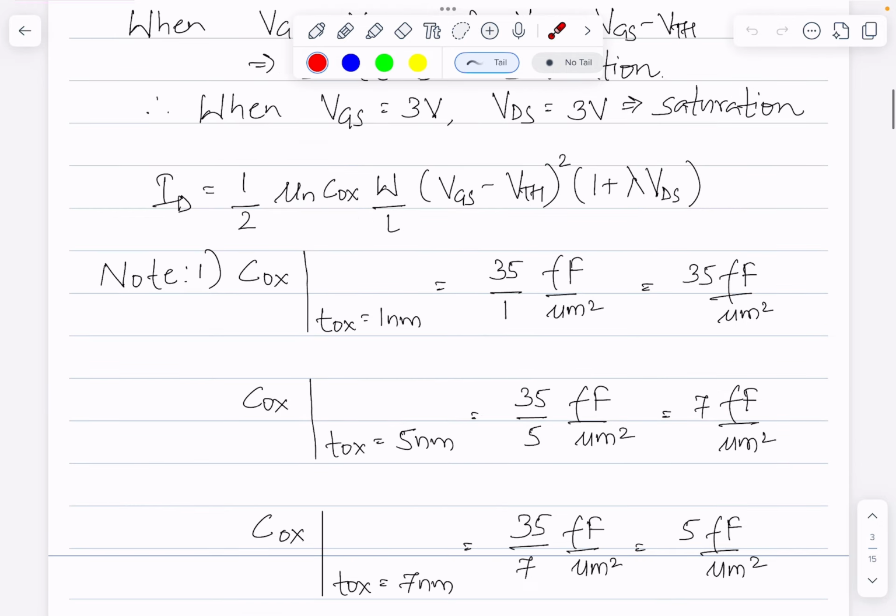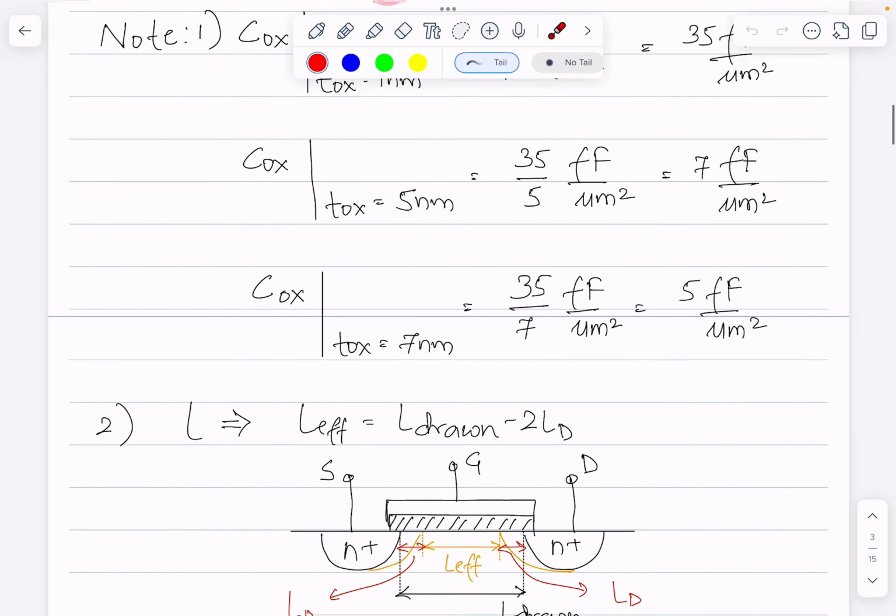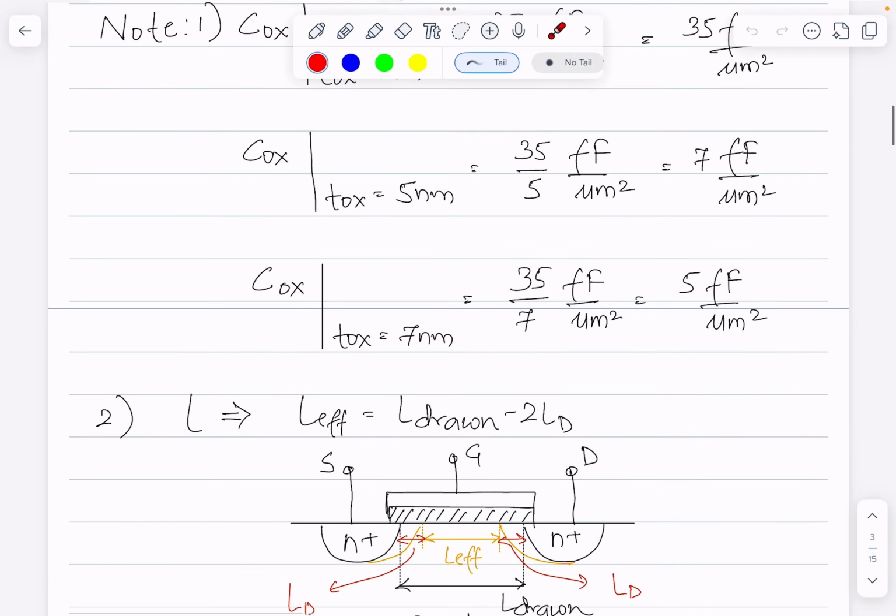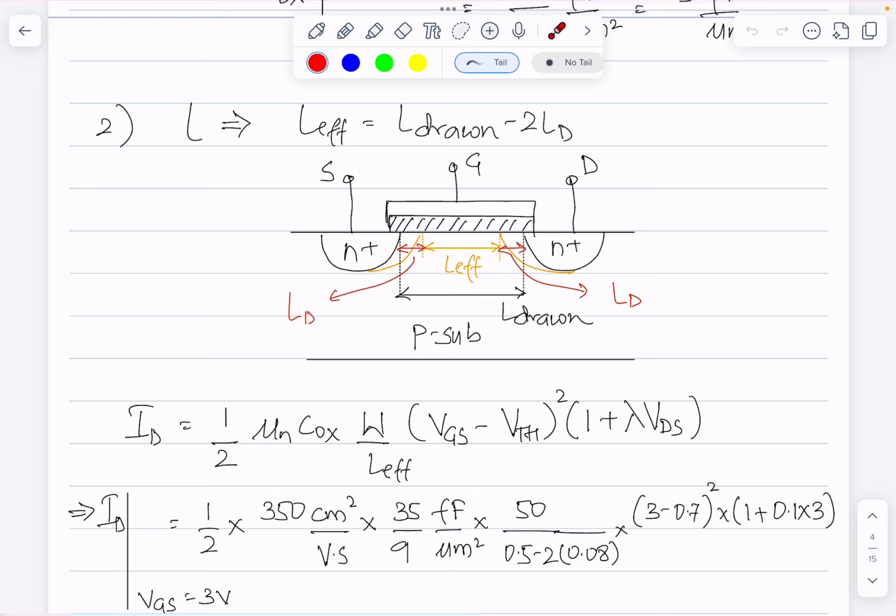One more thing: the L in this equation is nothing but L effective. There are two L's, something called L effective and something called L drawn. If you look at the cross section of an NMOS, it's built on a P substrate, and you have two N plus regions, namely source and drain. When the designer draws it, this is L drawn, the length of the channel.